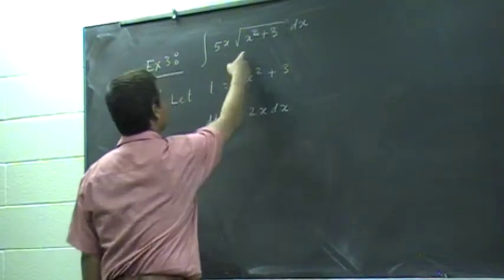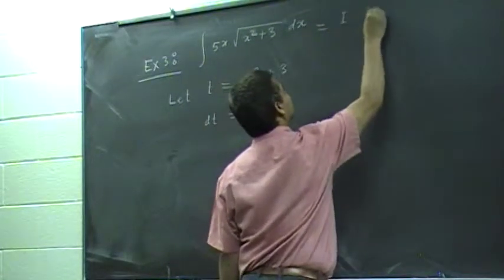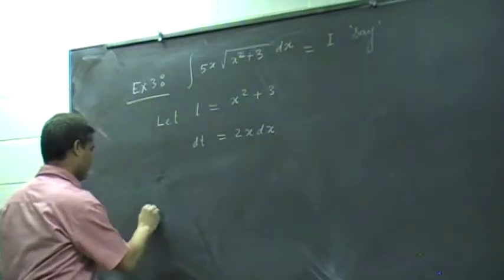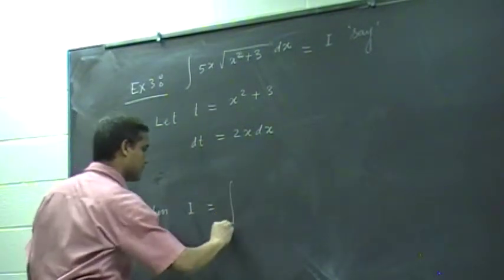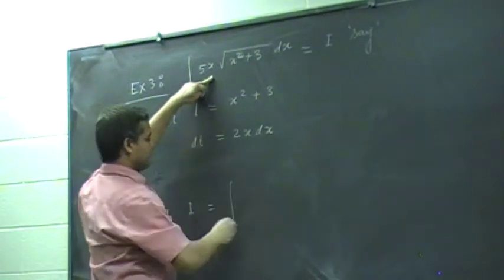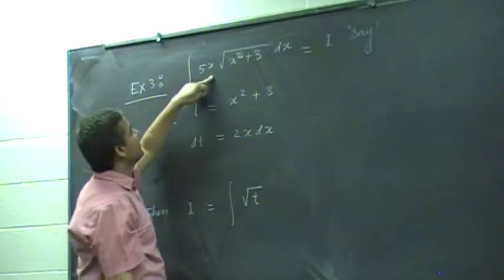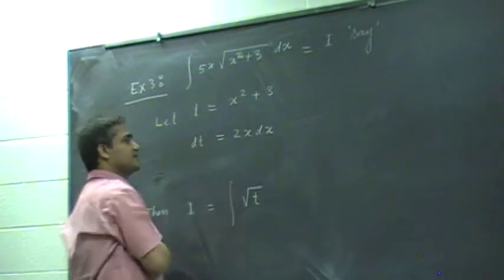Let me write this as I, so that I don't have to repeat the long expression. Then I equals, x squared plus 3 is t, square root of t, right? 5x dx. Okay, we have 2x dx equals dt.